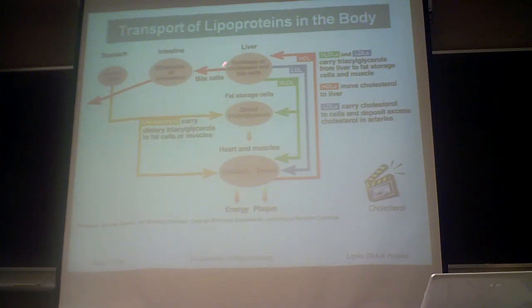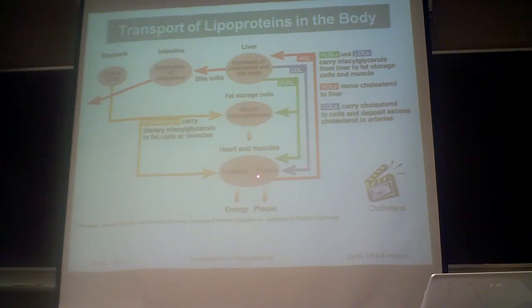So here is the liver. The liver is a very important organ that removes things and processes things, distributes things, right? So you can see here, you look at VLDL or LDL, for example, these are the lipoproteins that carry triglycerol, which is the energy storage lipids, from the liver to the fat stock. So if, for example, you get too much of them, you get fat, right?